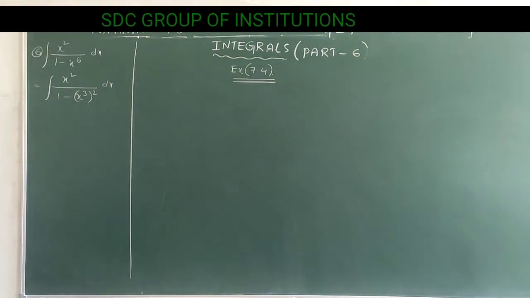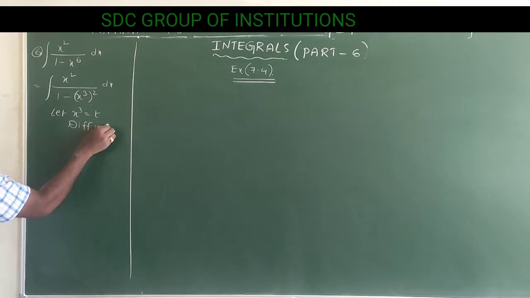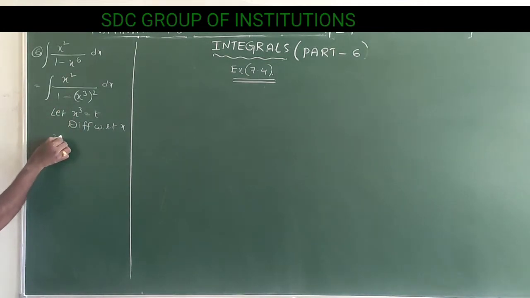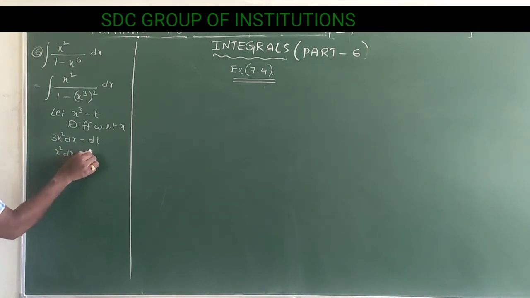Let x cube equals t. Whenever you take something equal to t, immediately you need to differentiate. So x cube derivative, 3x square dx is equal to dt. Then x square dx is equal to 1 by 3 dt.